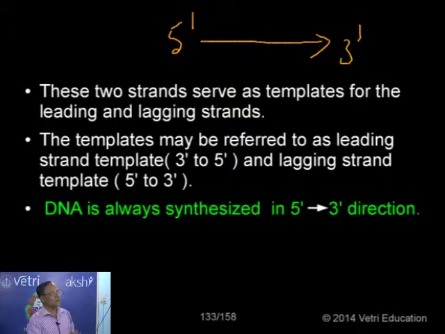The synthesis of DNA, mRNA, or proteins all occur only in this direction. That is why I mentioned that DNA is always synthesized in the 5' to 3' direction, and likewise mRNA and protein synthesis mainly occur in this 5' to 3' direction.